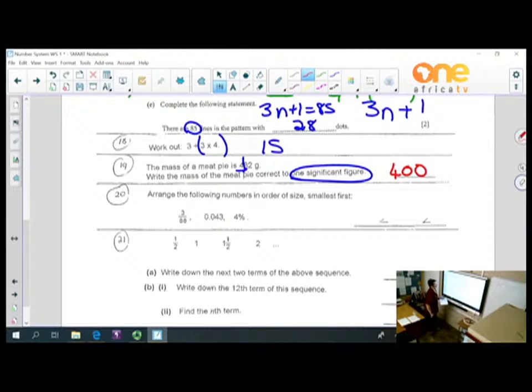This was 1,000 there. Arrange the following in order of size. We change them all to decimals. We've seen this now. 0.03 divide by 88, 0.03409. Got that one, and that one is 0.04. Again, when we have to compare them, we look at the first decimal place.